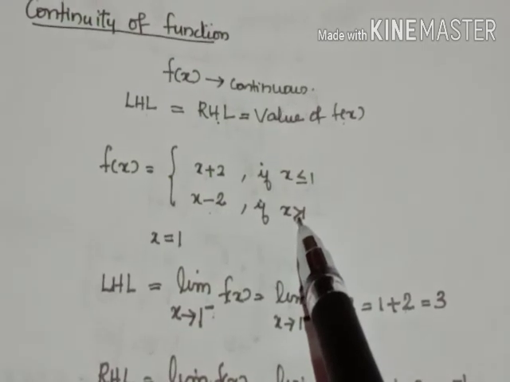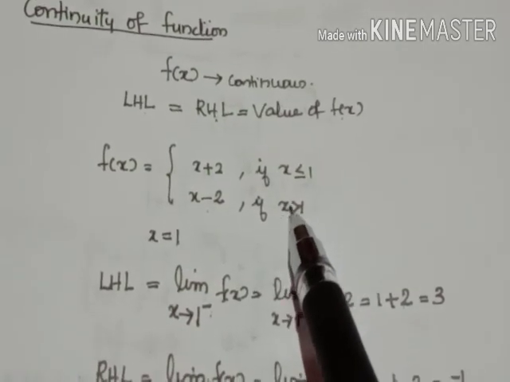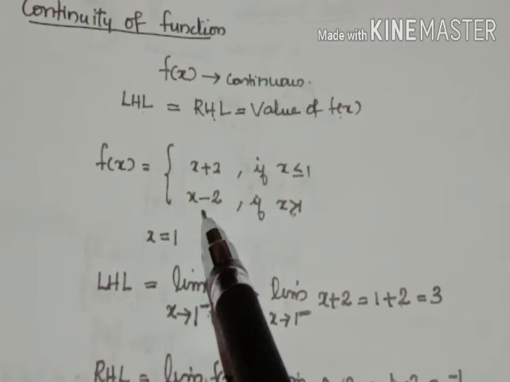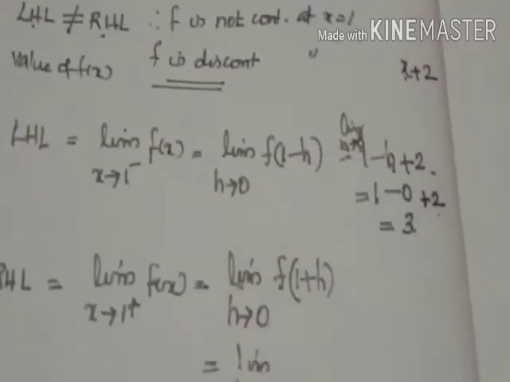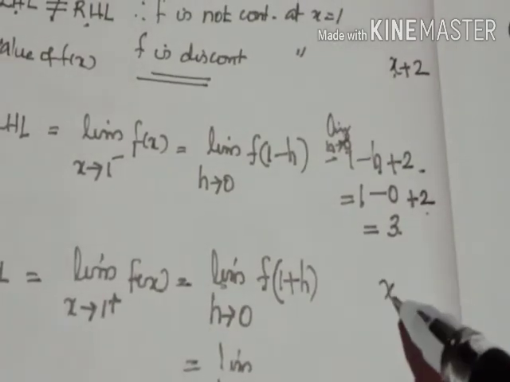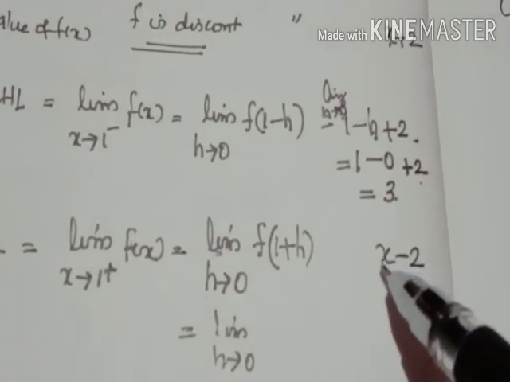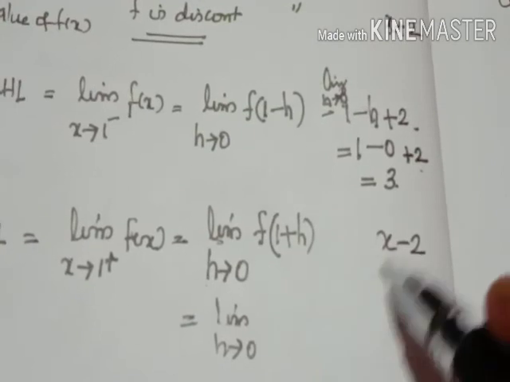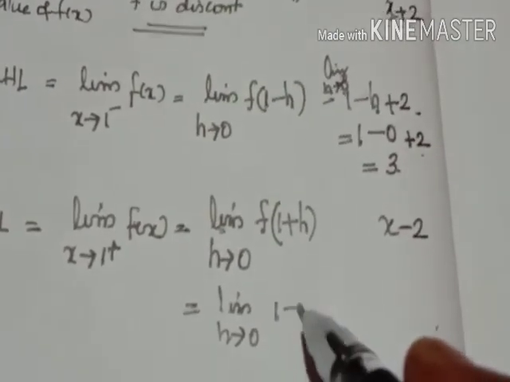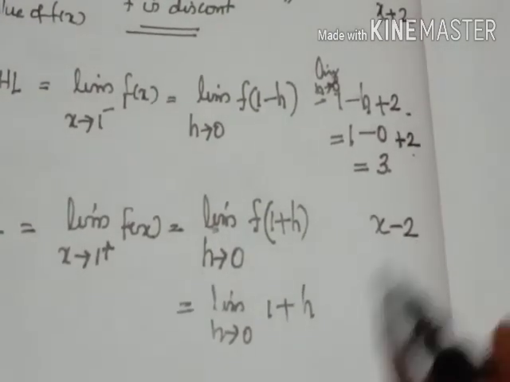More than 1 means this is the interval. In this interval, f of x is defined as x minus 2. So in this function x minus 2, we have to replace this x by 1 plus h. So it is 1 plus h minus 2.